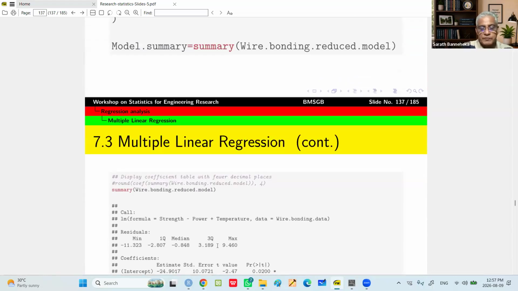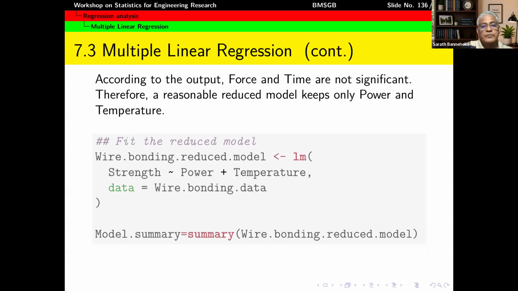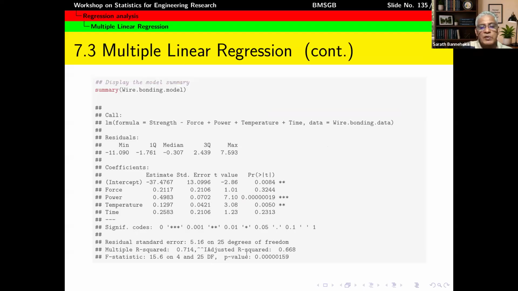But let's look at now the difference in R squared. Earlier, the R squared value was... we will look at adjusted R squared because now we are comparing two models with different numbers of variables. Here in this model, there are four variables. In the other one, only two variables. Of course, beta naught, there are three coefficients. But anyway, in this case, it's better to compare adjusted R squared. Adjusted R squared is calculated by adjusting for the number of variables. So here, adjusted R squared is 0.67 approximately.